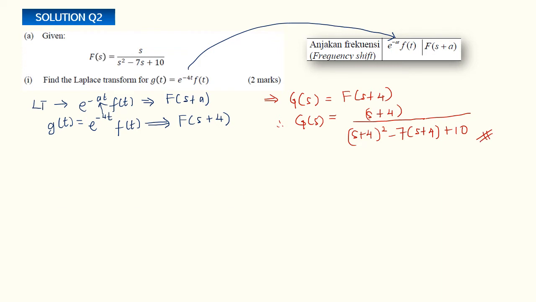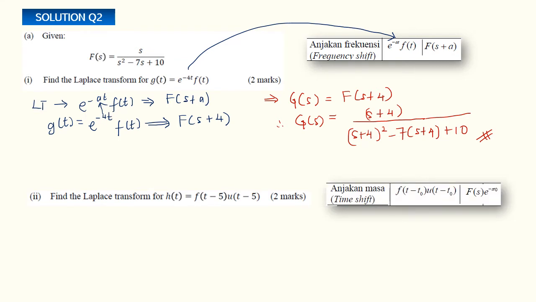Okay, next, the second question. Find the Laplace transform for h(t) equal to the given equation. Again, you need to refer to the Laplace transform table and look at the closest shape to the given equation. From the table, you may notice there's a time shifting operation, in which f(t minus t naught) u(t minus t naught) will produce F(s) e to the minus s t naught.